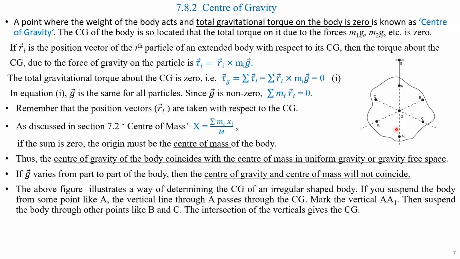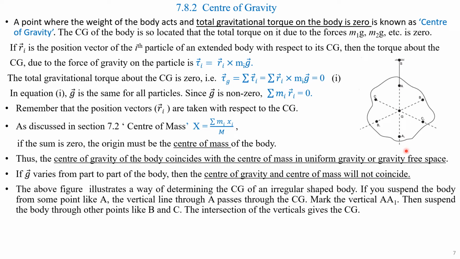If you suspend this body from a point like A, the vertical line passing through A passes through the center of gravity G and A dash. Mark it vertically.